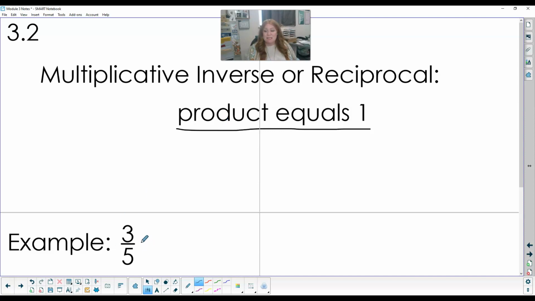So the opposite of this, we flip it upside down, and I put 5 on the top and 3 on the bottom. Well, 3 times 5 is 15. 5 times 3 is 15. And this just means divide. 15 divided by 15 is 1.